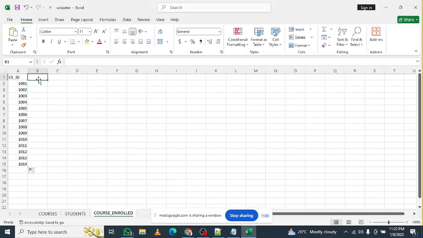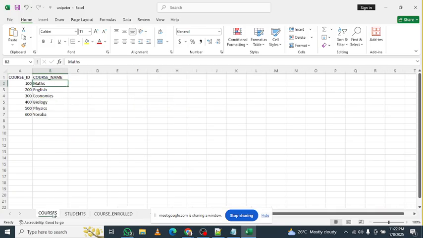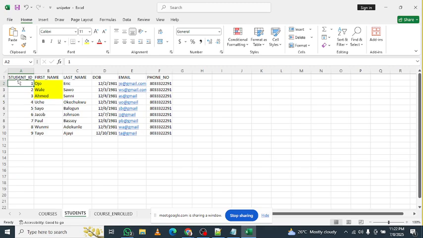Now, for students, Ojo, what's the ID of Ojo? One. He enrolled for what? Let me start with English. What's the ID of English? 200. Okay, let me start from there. So when they are doing the registration, this is the student ID, the same column, student ID.